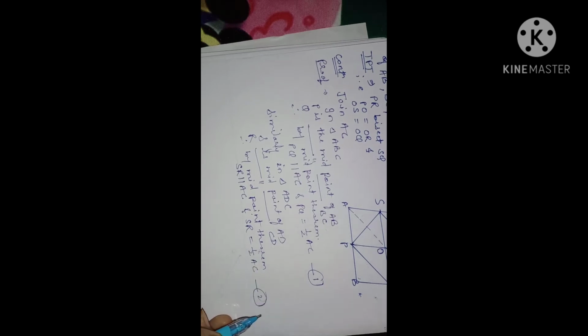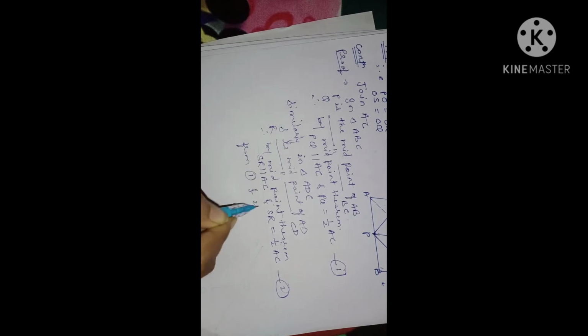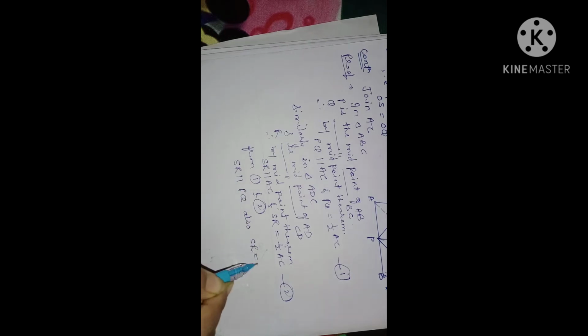Give it number 2. And from 1 and 2, what can you conclude? We can write SR parallel to PQ. Also, SR is equal to PQ. Since opposite sides are equal as well as parallel, we can write that PQRS is a parallelogram.